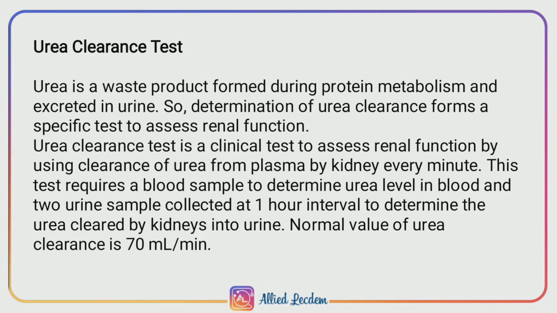This test requires a blood sample to determine urea level in blood and two urine samples collected at 1 hour interval to determine the urea cleared by kidney into urine. Normal value of urea clearance is 70 ml per minute.